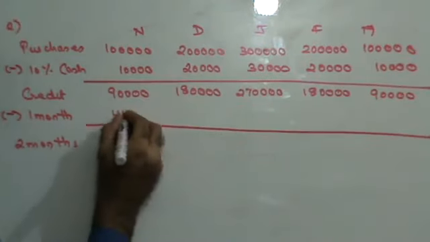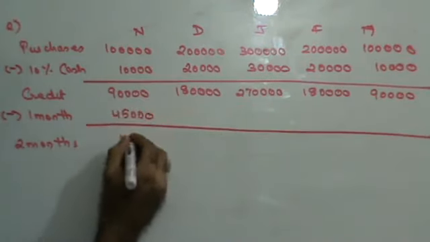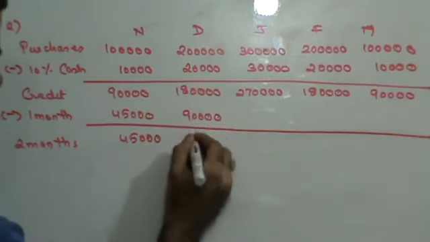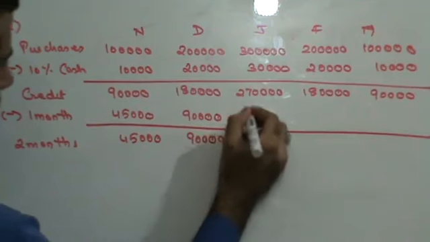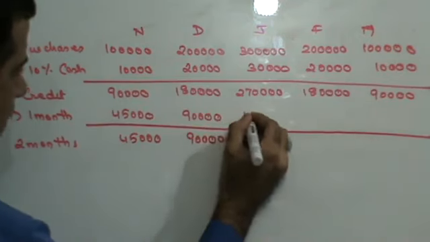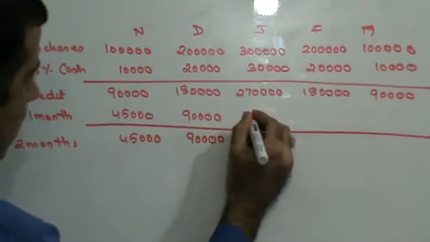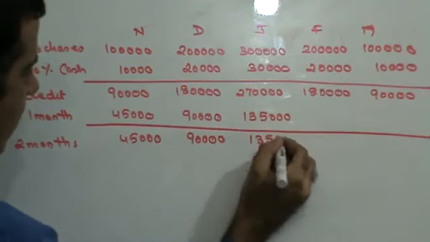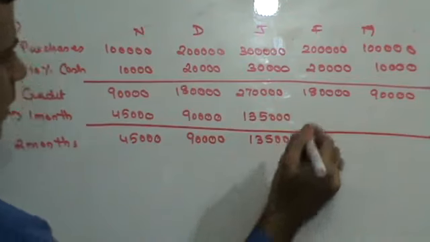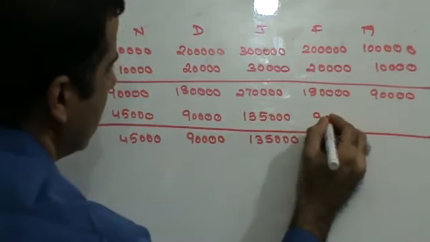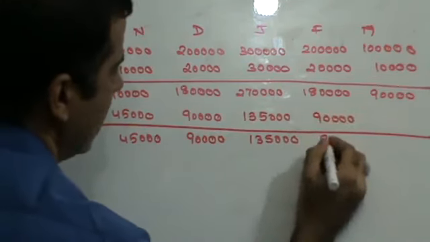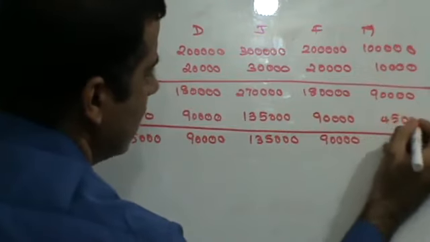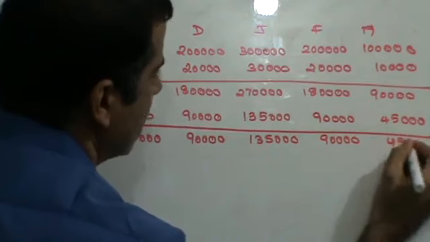So this is 45,000, 45,000, 90,000, 90,000. This is going to be 1 lakh 35,000, 1 lakh 35,000. This is 90,000 and 90,000. And this is 45,000 and 45,000.